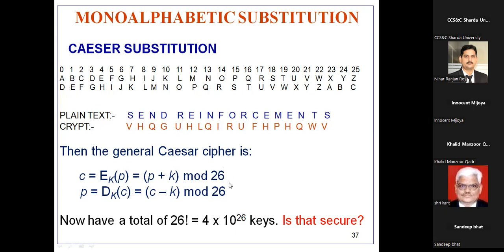The beauty of it is that you can choose many K, because any K you can choose. And how many such permutations can you get? Because there are 26 letters, you get about 4 times 10 to the power 26 keys.